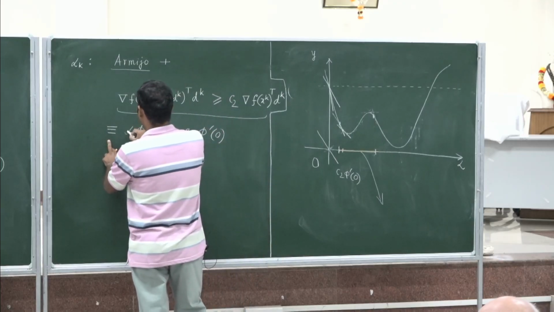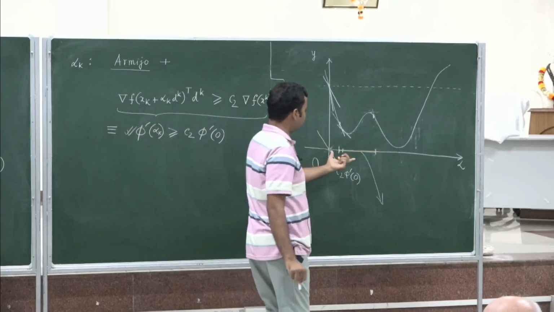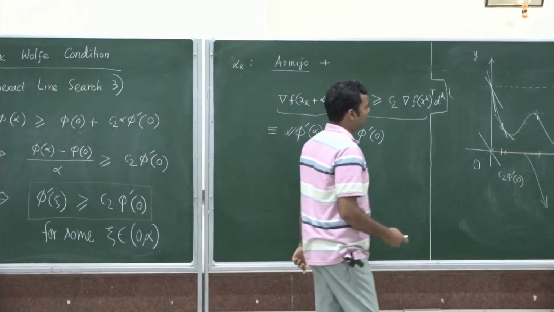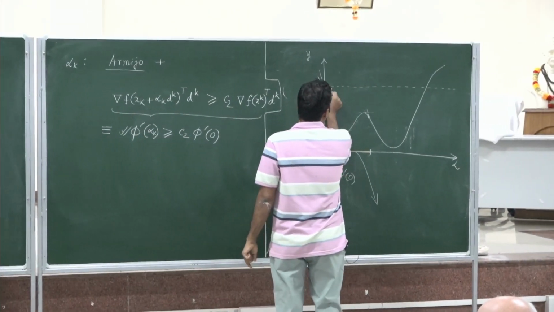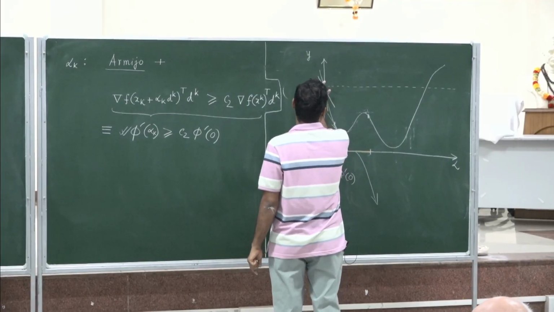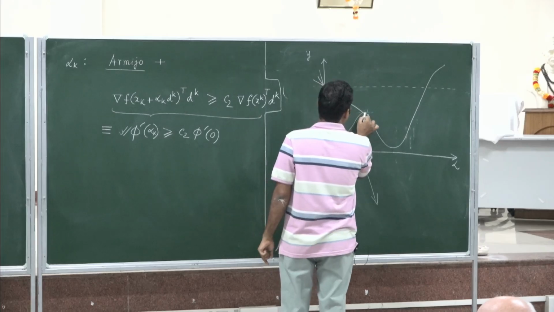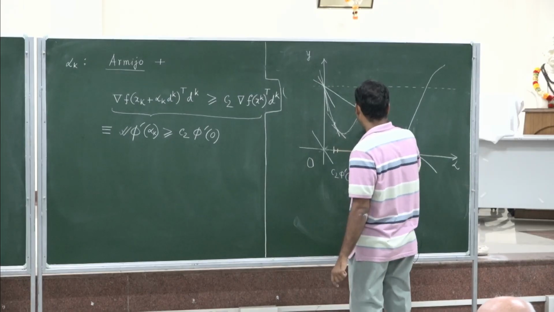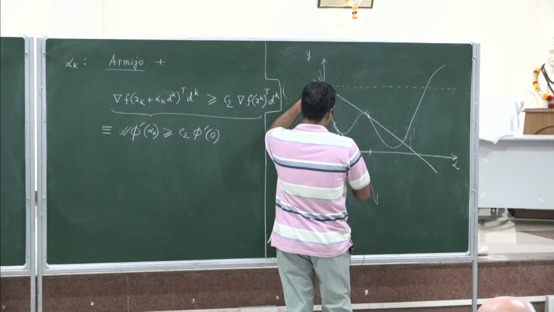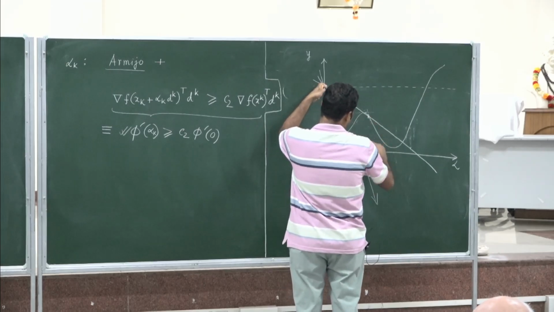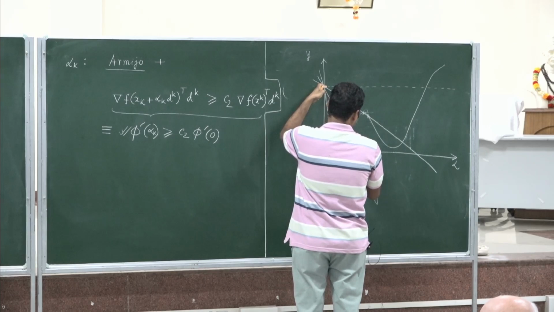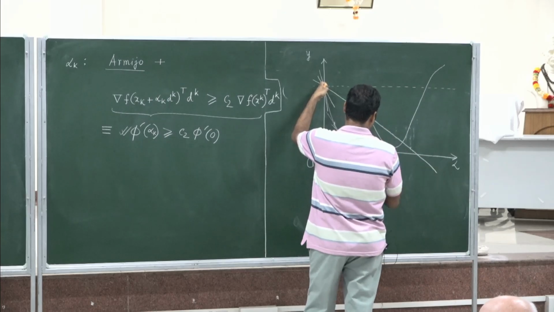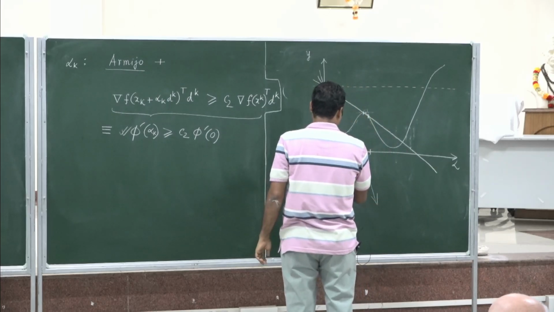But this is only the acceptable region for the Wolfe condition. We have to consider the intersection region of the Wolfe condition as well as the Armijo condition. Armijo condition, it was this one. Maybe we consider this one, and then the intersection was below this region, starting from 0 till this part, and then later on starting from here to the right hand side, but then the intersection region will be this much region.